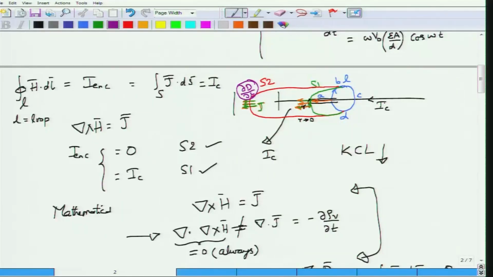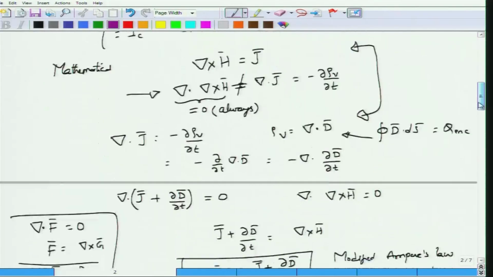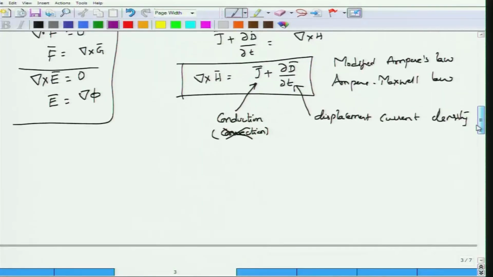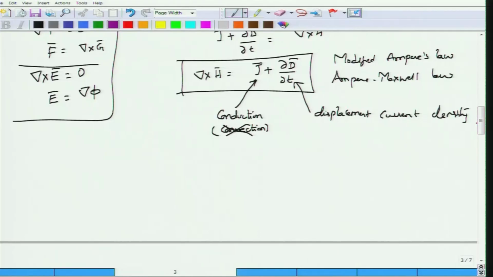Otherwise charges would have piled up, right, but this is a situation where you cannot really have that. So, the role of the conduction current is now being played by displacement current, okay. To give you an idea of how this displacement current will be inside a capacitor, remember that D is given by Q by A, and del D by del t will be, and what is the charge that is there?